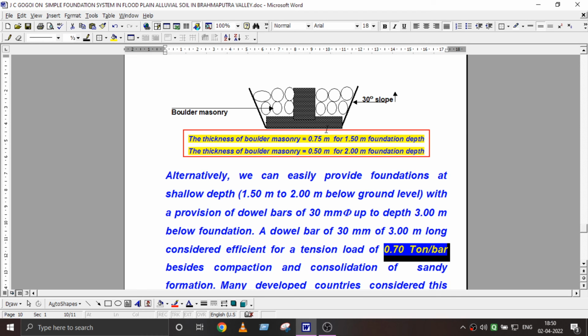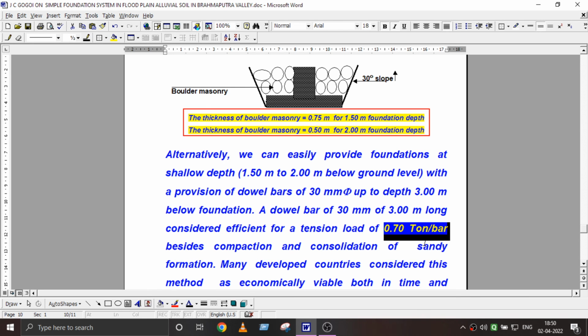Even 10D is sufficient, because for the dowel bar connection in this foundation, we shall be making an L section of say 10D, 30 at 300 mm. It is sufficient. So we can go for that type of foundation too.